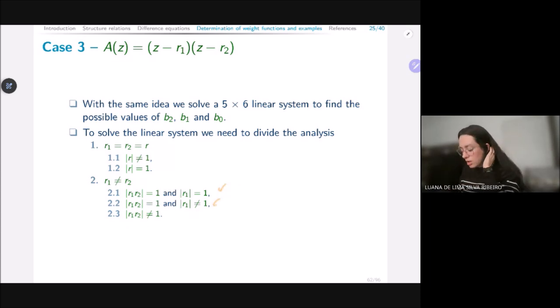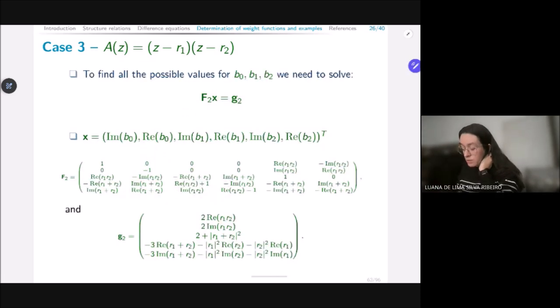So we need to divide into all these possibilities to find all possibilities for the coefficients B. I'm not going to enter into all details, but we need to solve this system where we define the vector X in terms of the imaginary part of B0, real part of B0, and B1 and B2. F2 is a matrix that depends on R1 and R2, and D2 also depends on R1 and R2.